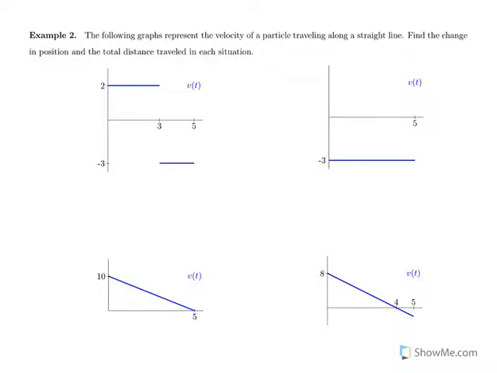So the first one, we have these kind of straight lines. We're saying in the first one that the velocity is 2 for the first 3 seconds, and then it jumps to a velocity of -3. Not a very real world situation, but maybe something like that could happen, an instantaneous kind of change in velocity.